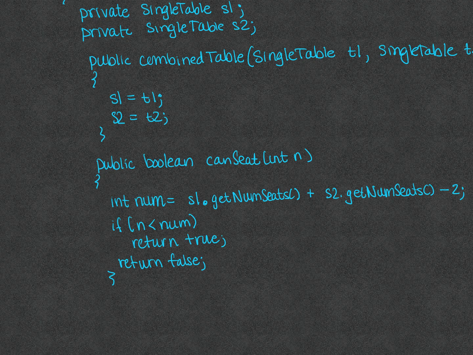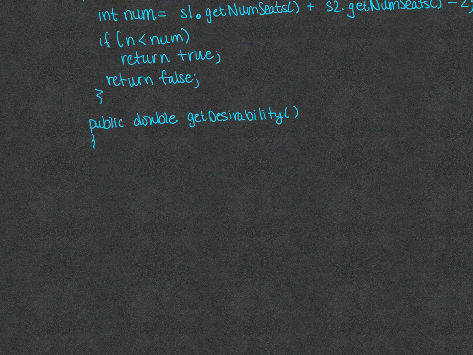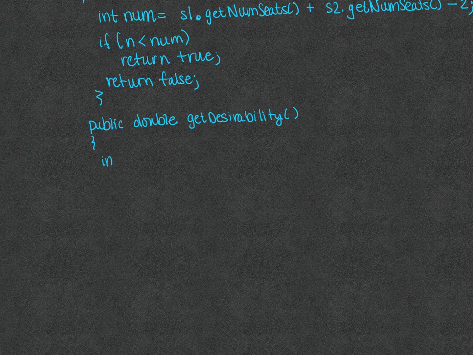And then the next problem, so public double get desirability. So first I'm going to find the average of my two view qualities and store that. So that would actually be a double.